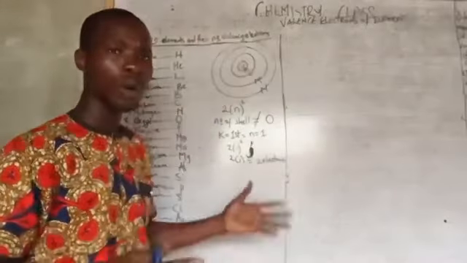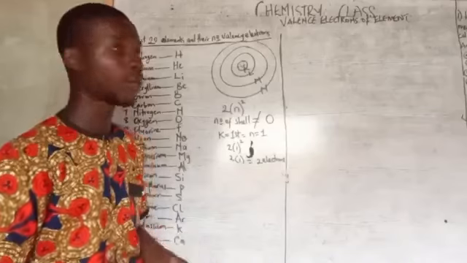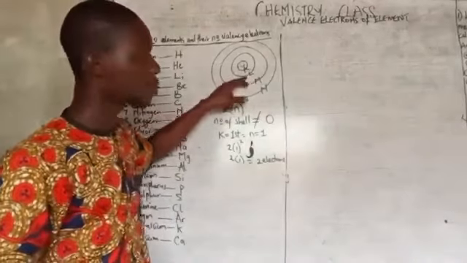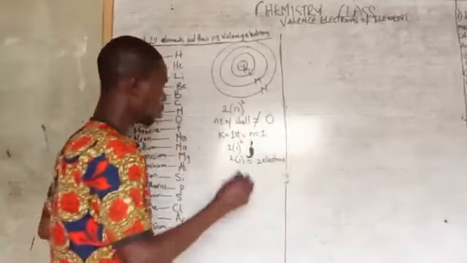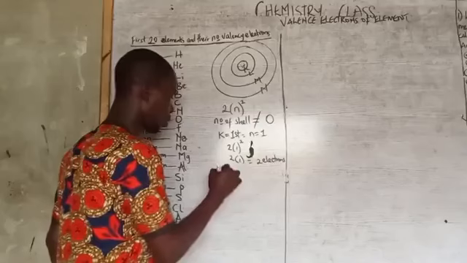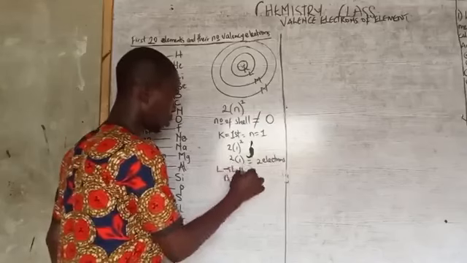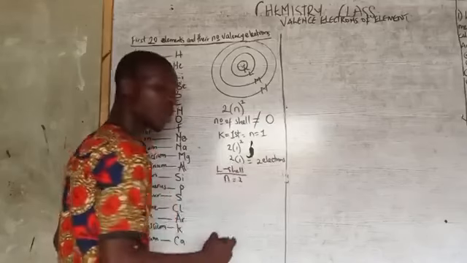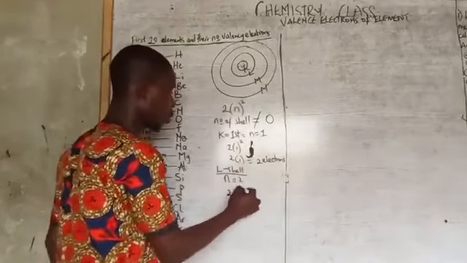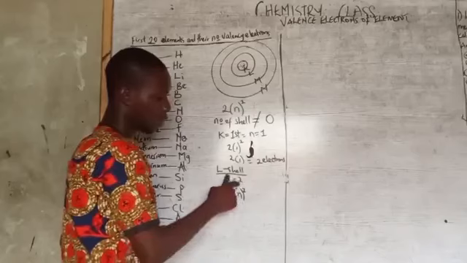Let's see, what will be the maximum number of electrons for the L shell? Remember that L is position 2. So my n for L shell is 2. And using the formula again, I have 2(n²), where my n is now 2.